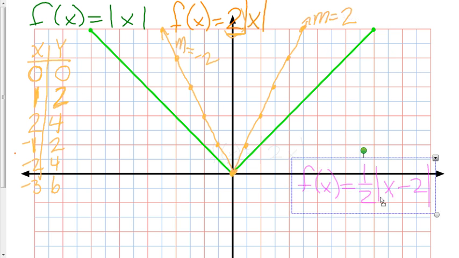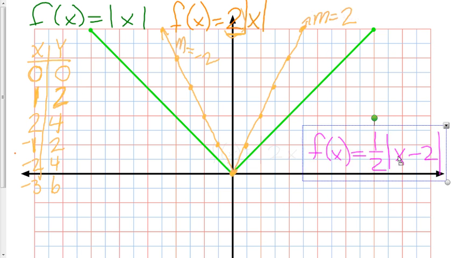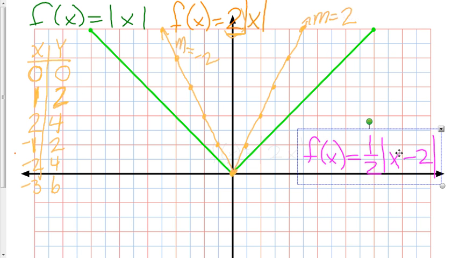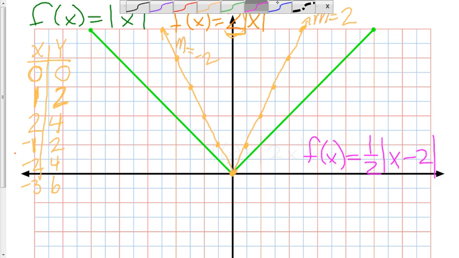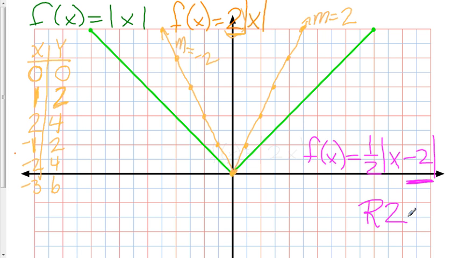And then finally, if we have something like f of x equals 1/2 of the absolute value of x minus 2, we put both things together. The minus 2 is going to shift it to the right 2, and the 1/2 is going to change our slope to a half. So our vertex, instead of being at 0, 0, would now be over here at 2, 0. And now because this slope is a half, we would go up 1 and over 2.